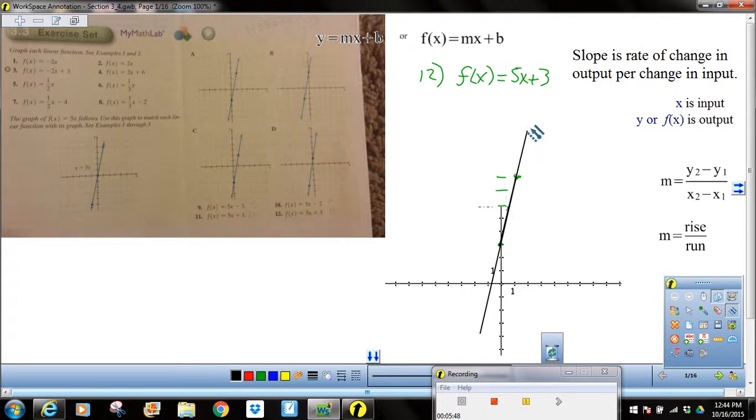But starting up at 3 instead of down at -3. And this one to me looks like B, because it hits up here and it has that same slope of 5.